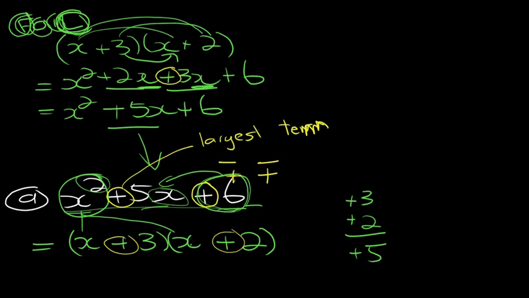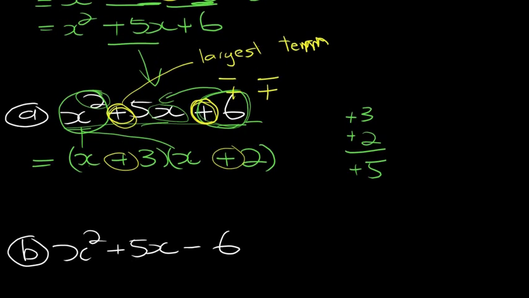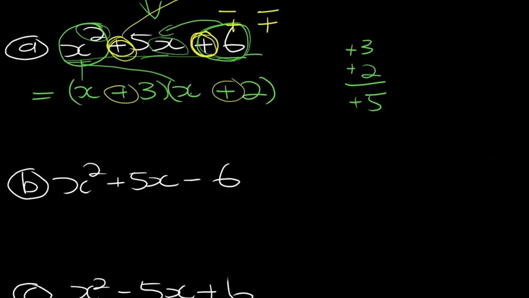Now if this is a plus, it must be a minus and a minus, or a plus and a plus, and you know the largest middle term must have a positive sign, then you know it will be a plus and a plus in your brackets. But just keep on going and you'll see how it works out.